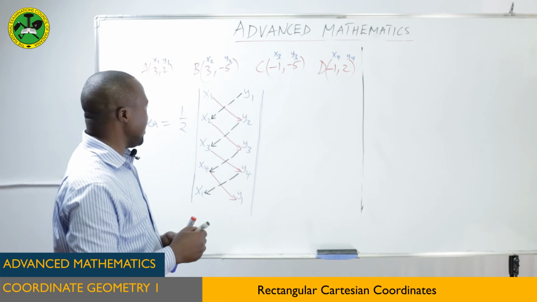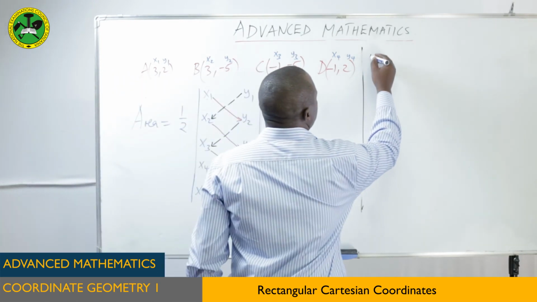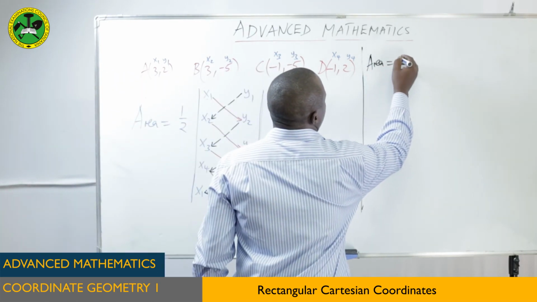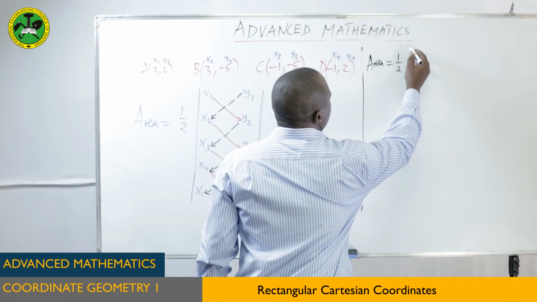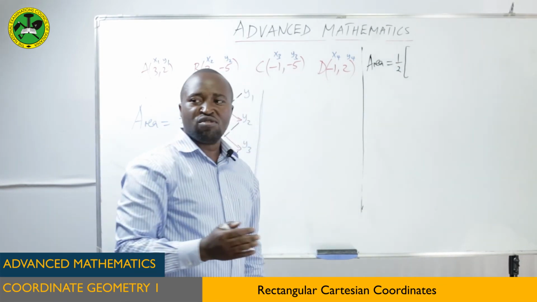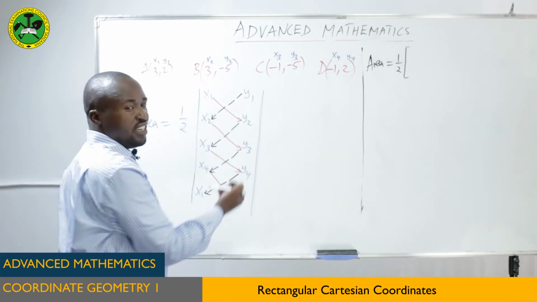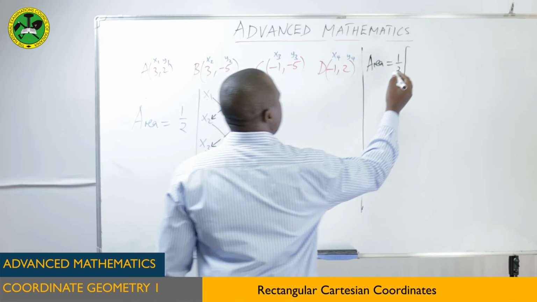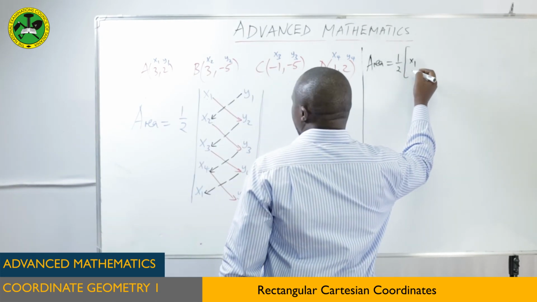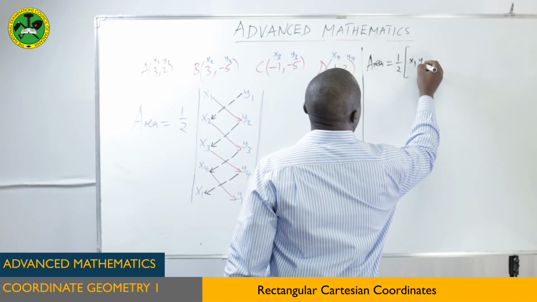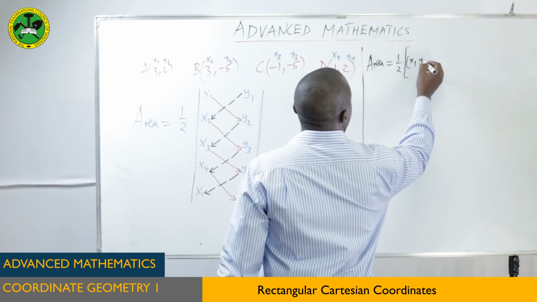Now, in this case, the area of a rectangle will be equals to a half. Remember, we use bracket to avoid confusion. So starting with the x1 and the y2, that is x1, y2.